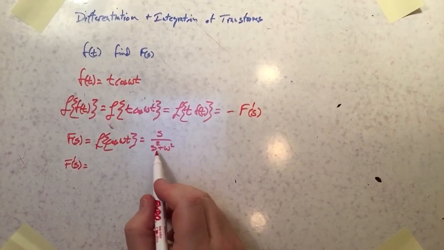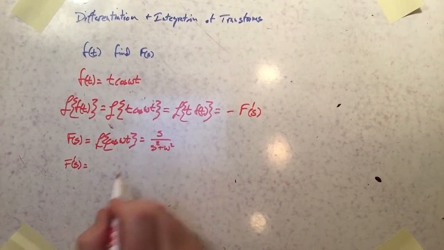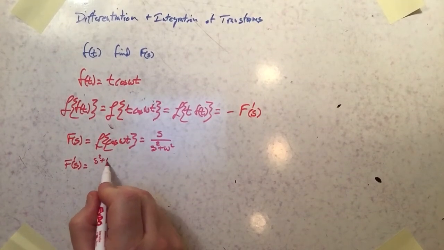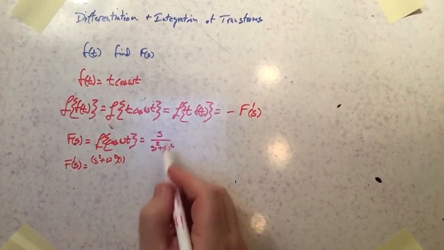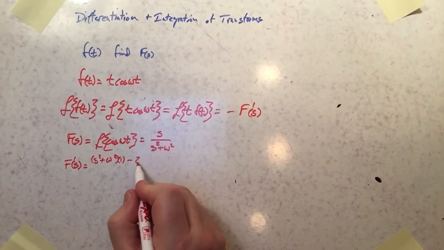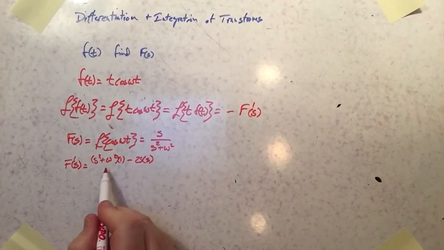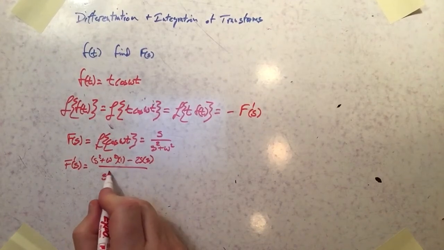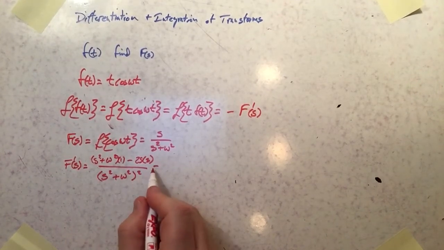I want to take the denominator times the derivative of the numerator. That's 1, so it's s squared plus omega squared times 1. And then we're going to subtract the derivative of the denominator, 2s, times the numerator, s. And then that's all over the denominator squared, s squared plus omega squared, and the whole thing squared.